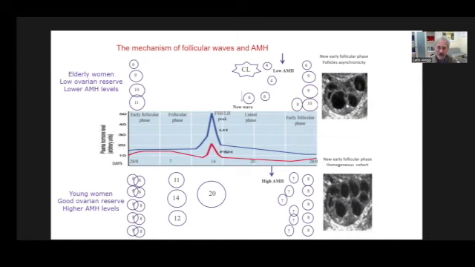And one classical mistake that occurs in clinical practice is thinking that this patient has a very low ovarian reserve, so I start with very high doses of gonadotrophins.